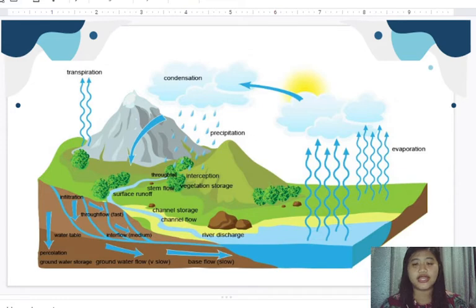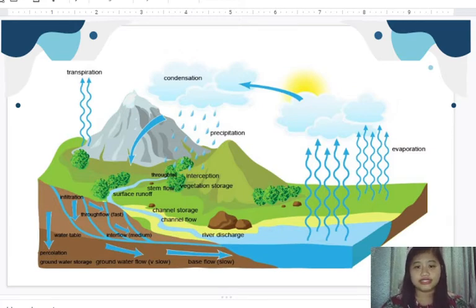As the sun interacts with liquid water on the surface of the ocean, the water becomes an invisible gas or water vapor. Evaporation is also influenced by wind, temperature, and the density of the body of water.